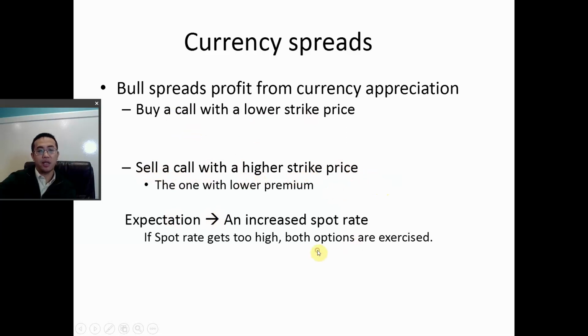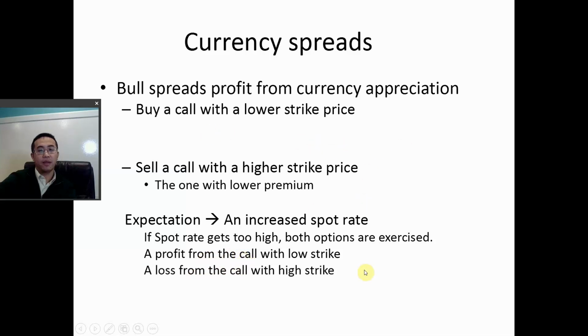Both options will get exercised, and then you would make a profit from the option with a low strike, and you would suffer a loss from the option with a high strike, but the profit would outweigh the loss. You may ask why that's the case. Why does the profit of a call option with a low strike outweigh the loss?